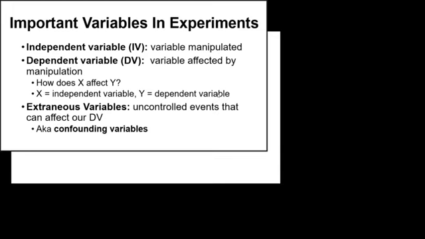And then we also have these extraneous variables, also called confounding variables. And these are just other things that are going on in the system that aren't your independent and dependent variable that can actually affect what we measure in our dependent variable. So I use the example here of our dependent variable. We want to see how much chickadees produce song. We want to see how much singing they do.